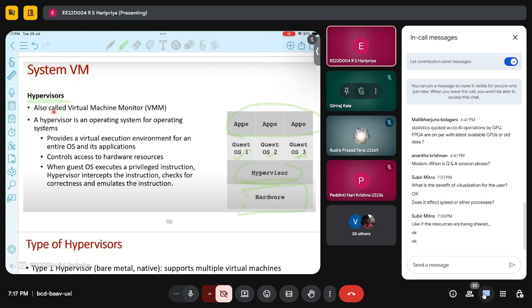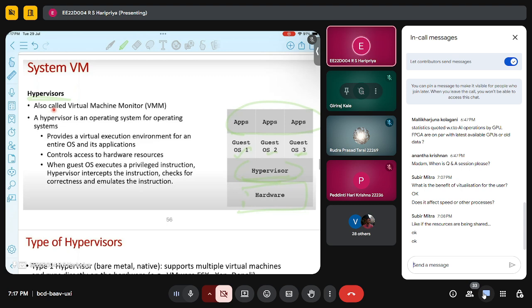The main difference between the hypervisor and the operating system from the computer system viewpoint we will see further. Without the hypervisor, we have the operating system alone on top of the hardware, and the OS gets booted up in the beginning itself.